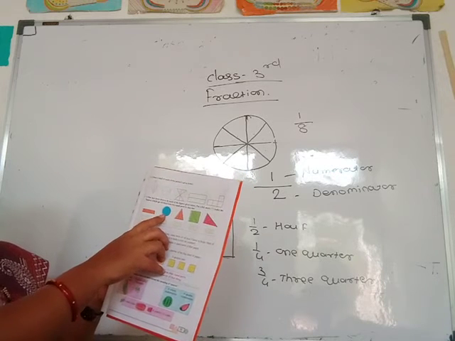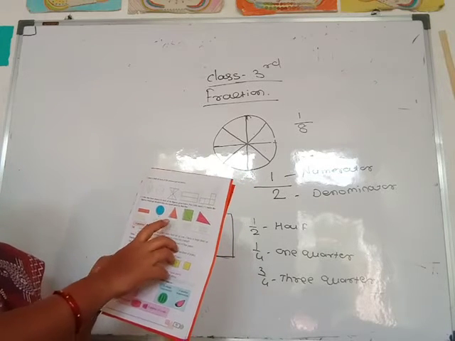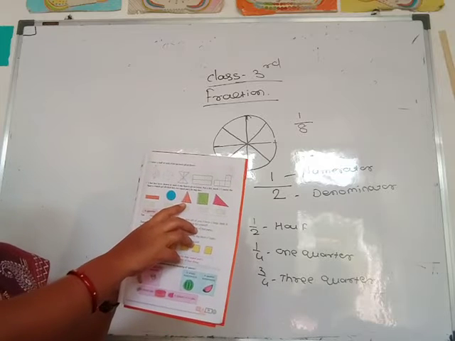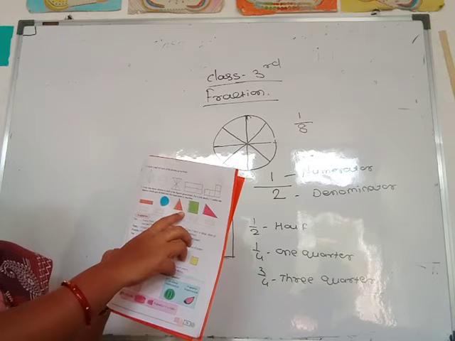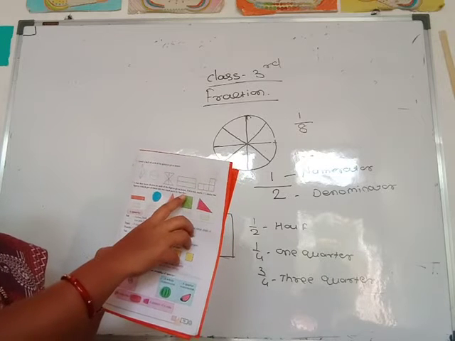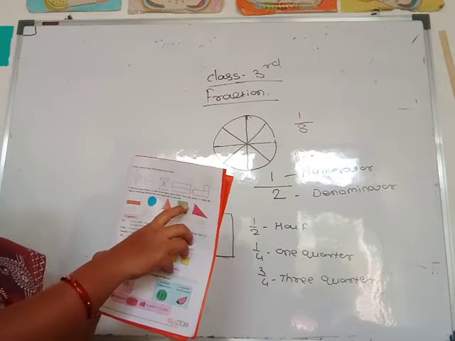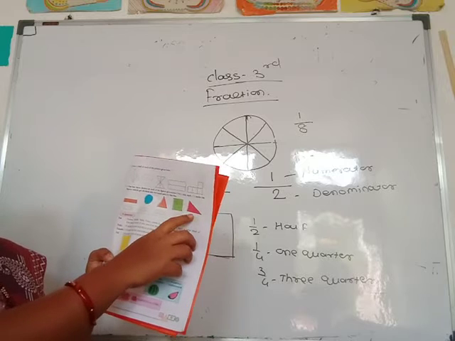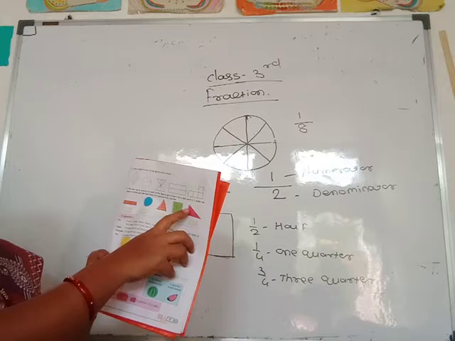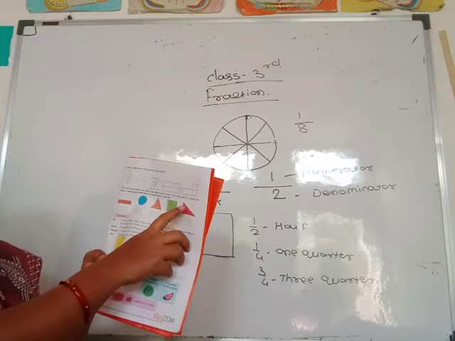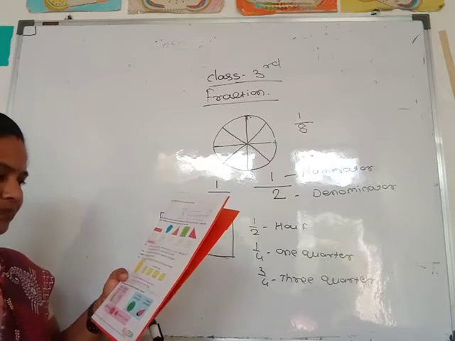No. Second figure, see, are these 2 parts equal? No. This third figure you see here, these parts are equally divided into 2 parts, then you tick here. Then the next figure, this is also divided into 2 equal parts, then you tick here. Then the last picture you see here, is this divided into 2 equal parts? No. This small triangle and this big triangle, then you cross here.